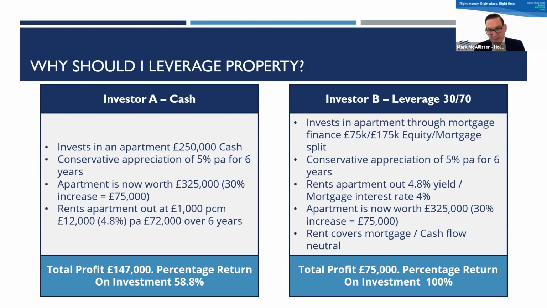So his profit in this example is £75,000, but on an initial investment of only £75,000. So that's a 100% return. If you've ever wondered how people become millionaires through multiple investment properties, this is how it's done. And you could do it too, from the comfort of South Africa.